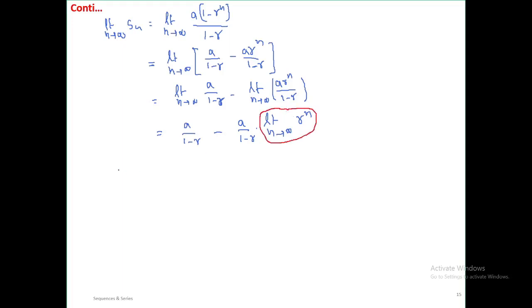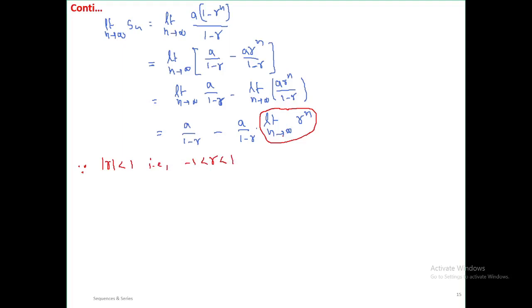Since here the modulus of r is less than 1, that is minus 1 less than r less than 1, if r is lying in this interval, then what is the limit value?